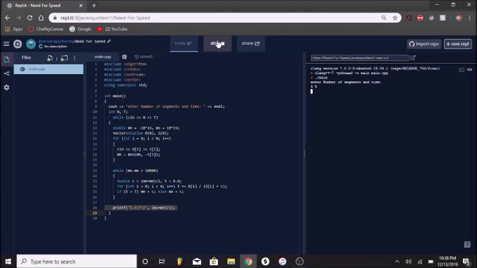Then we put in our inputs, which were 4, -1, 4, 0, and 10, 3. Let me enter. Boom, we got the correct output we were supposed to get for the code.